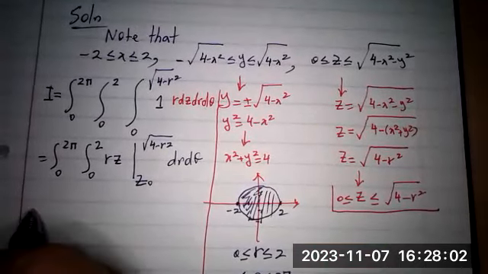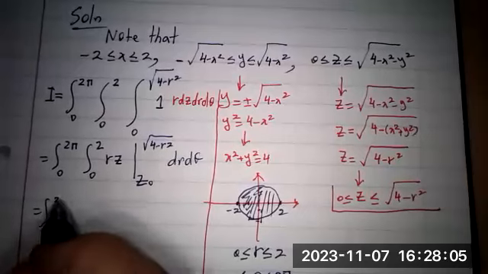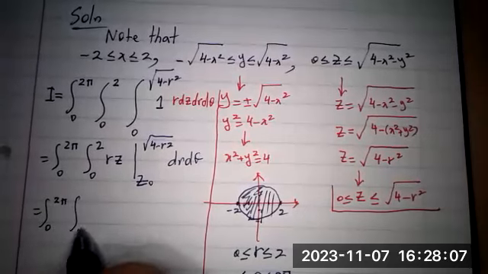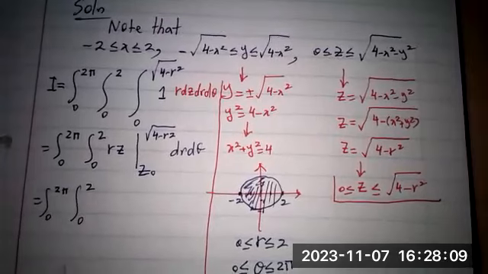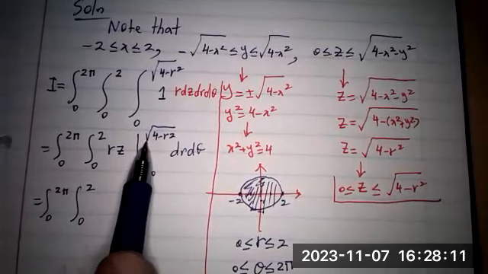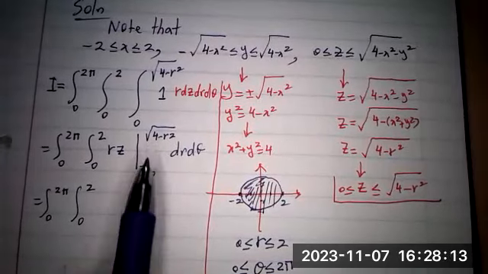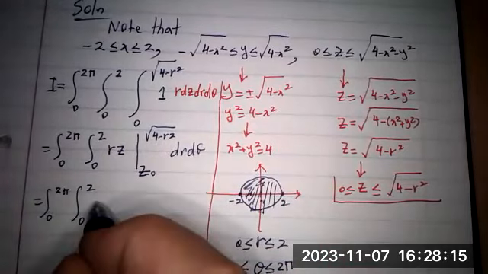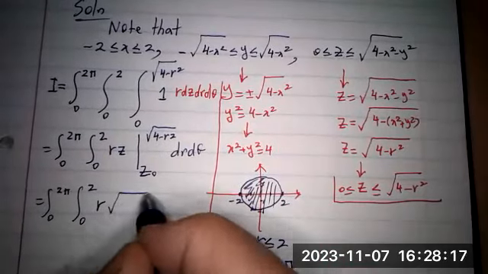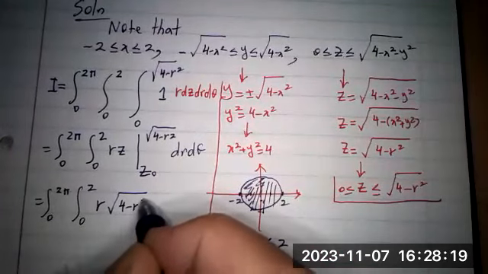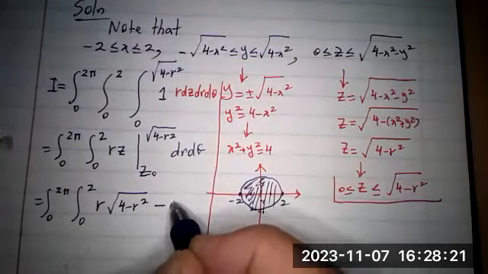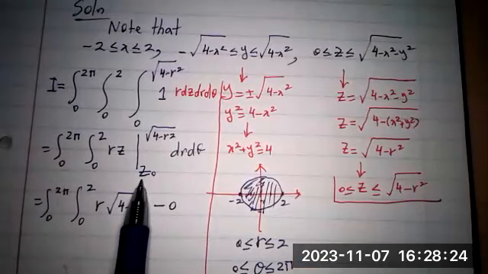So it's going to be 0 to 2 pi, 0 to 2. Substitute z equal to the square root of 4 minus r squared first. So this is going to be r times the square root of 4 minus r squared, minus 0, because the lower z is 0.